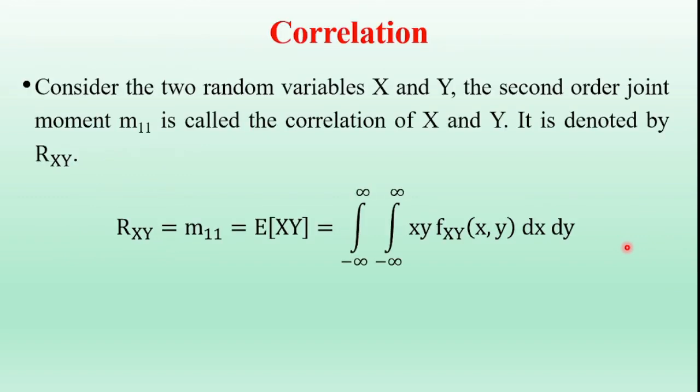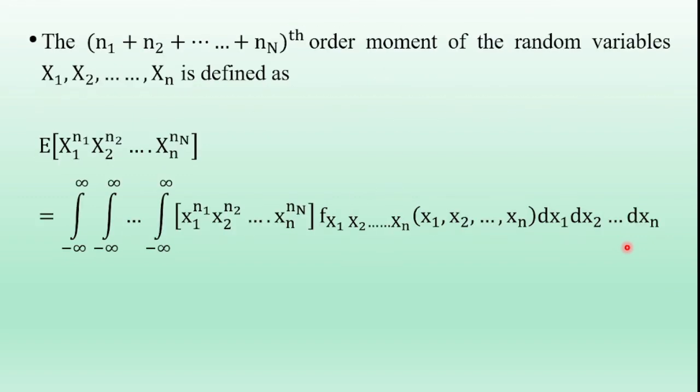So this is the concept of joint moment about the origin for multiple random variables.